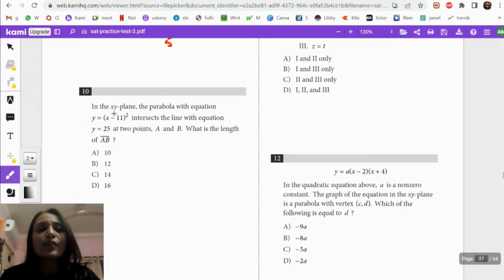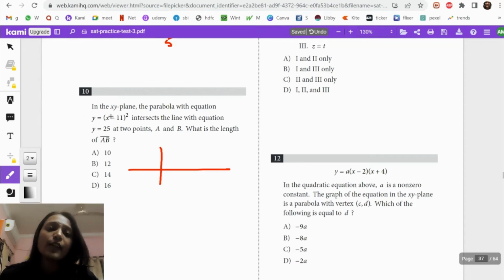One thing to note is that the 2 points would be symmetric. So if our parabolic equation is y is equal to x square, meaning for two values of x, we would have the same value of y. So it would be something like this, except the vertex of this would be at 11, so it would be 11 to the right.